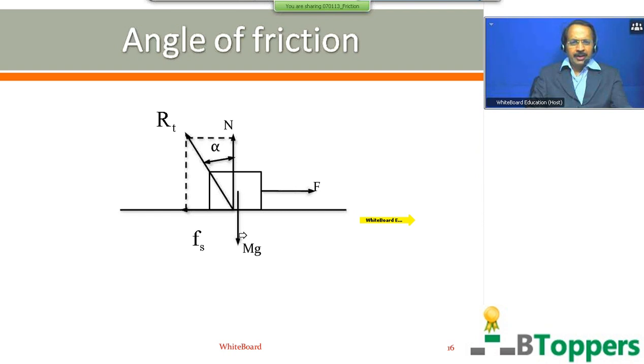The weight mg and normal reaction are shown separately along different lines only for clarity. But actually both N and mg act along the same line in opposite directions.